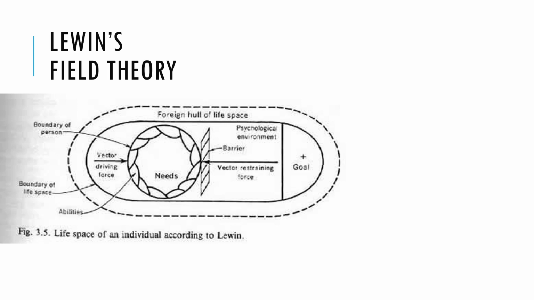One of your needs is that you're hungry, and the vector restraining force is trying to get you not to overeat, but there's a barrier to that: there's a big serving size in this bag that I've opened. Even though the vector restraining force is trying to get you to consume only a serving size of those chips, the bag came out of the vending machine and implied it was for one person.